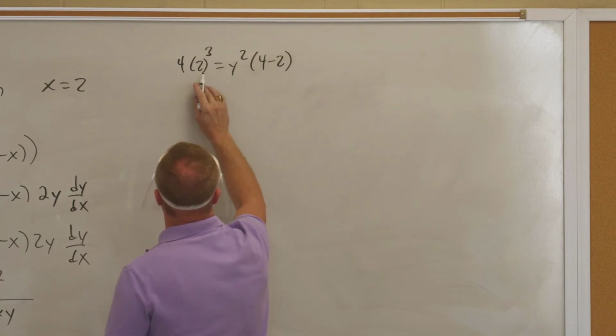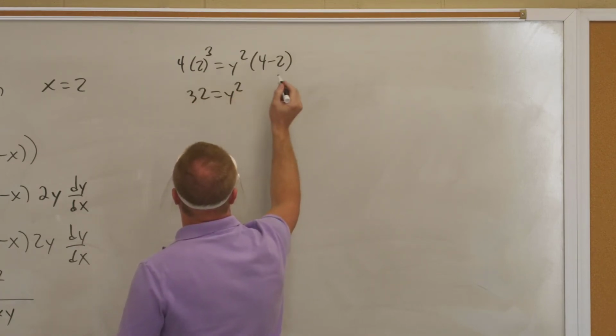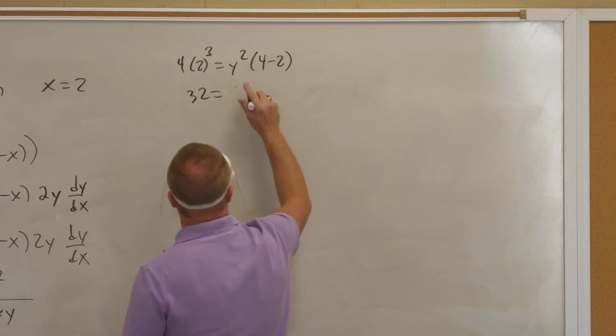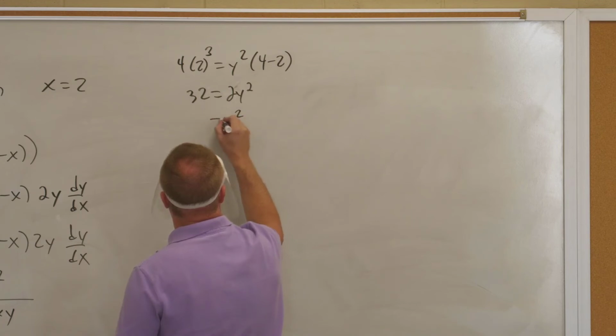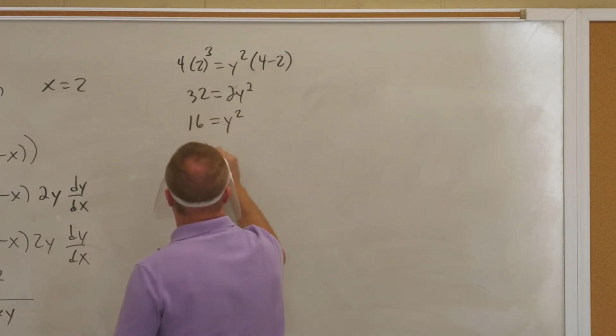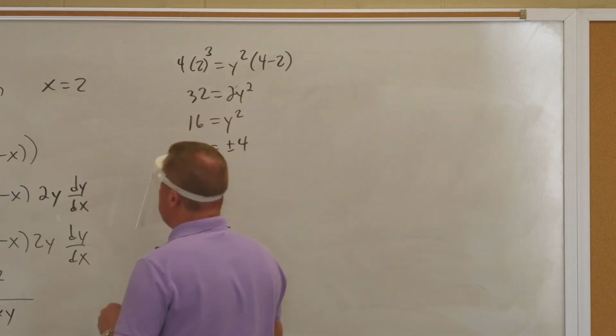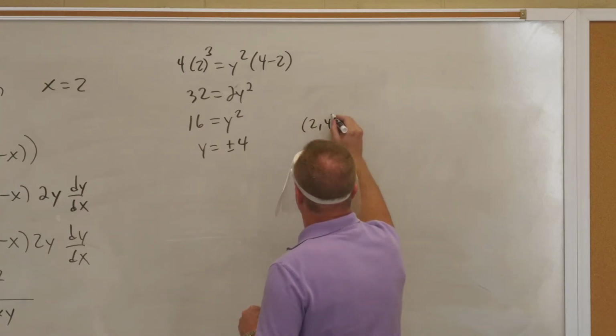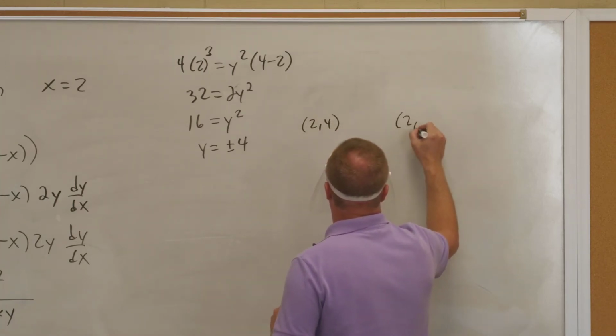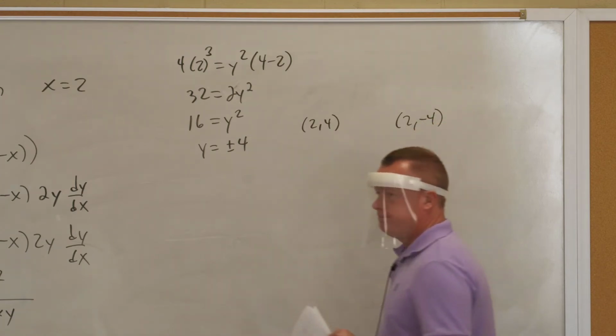So that'll be 2 times 2 is 4, 8, that'll be 32 y squared times 2. And then divide, and then take the square root. y is plus or minus 4. And that's what we said.